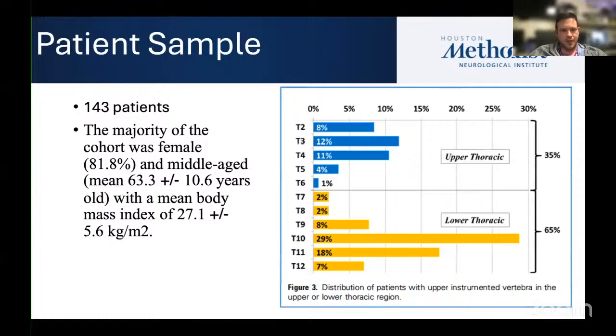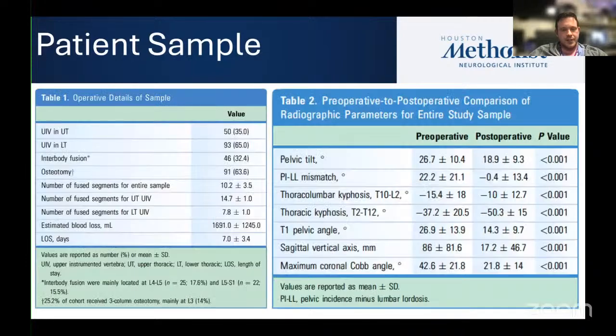Most were female and middle-aged, and BMI was about average, and only 35% of the patients were in the upper thoracic group. And they also included in their analysis various operative details of the surgeries, and also the preoperative and postoperative alignment measurements.